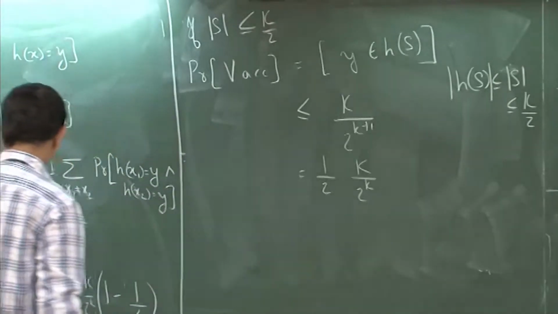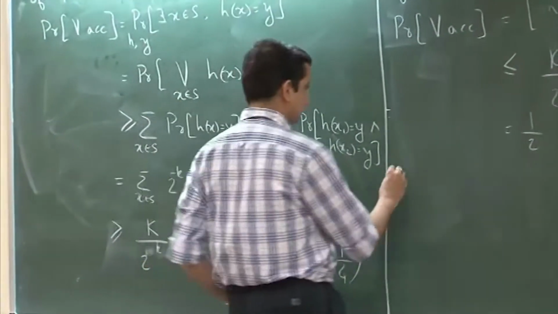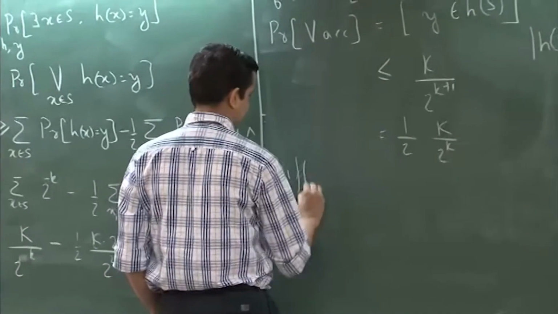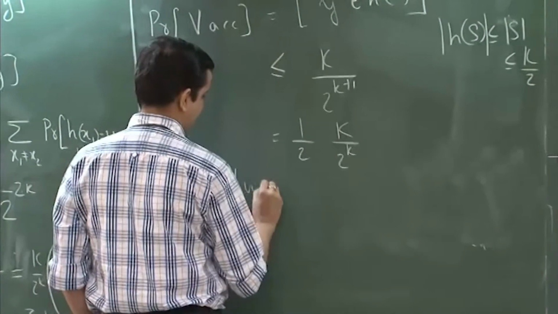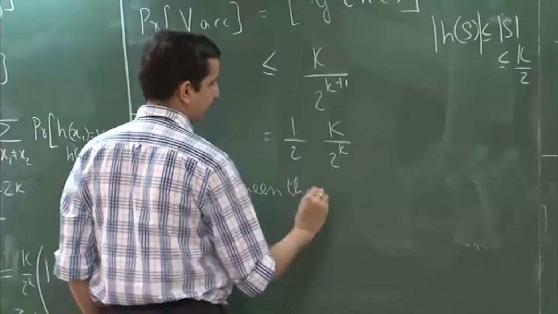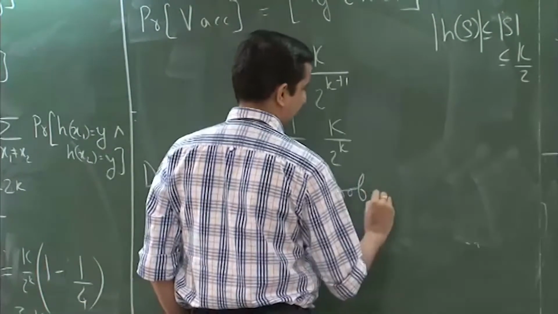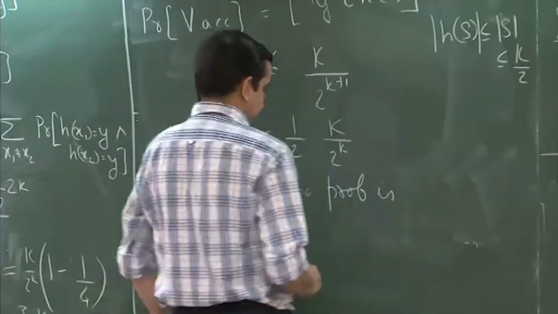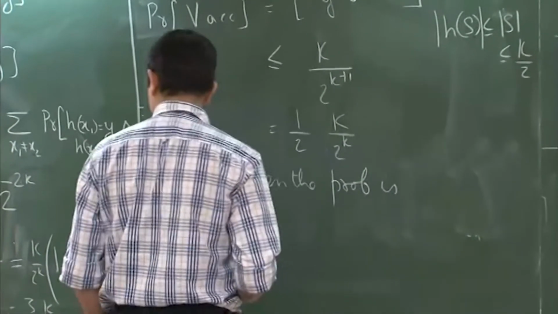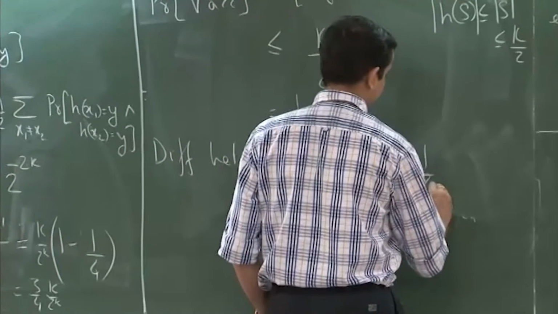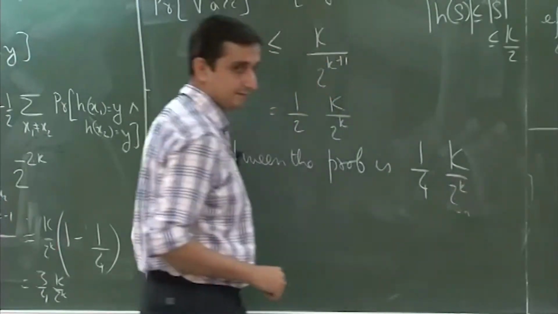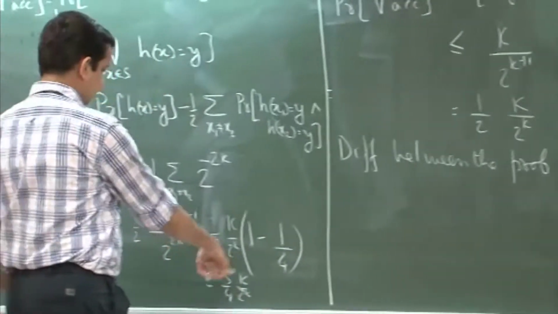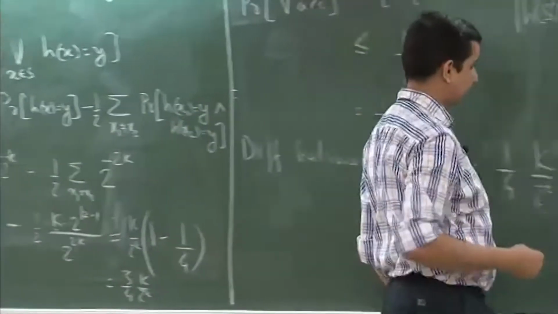Okay. So, now we can see that the difference between the probabilities is 1/4 k by 2 to the power k, right, between 3/4 and half.